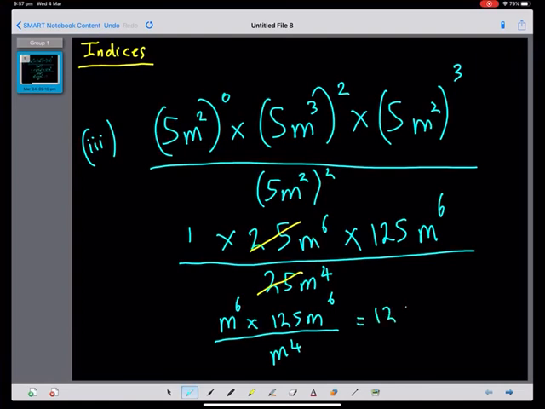So that is 125 m to the 12 divided by m to the 4. And we use our rules for division to get m to the 8. Okay, I hope this helps.